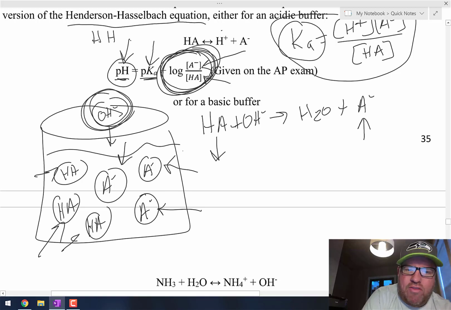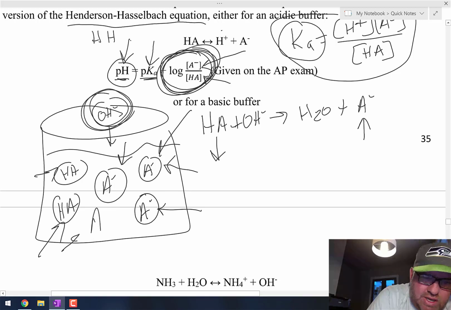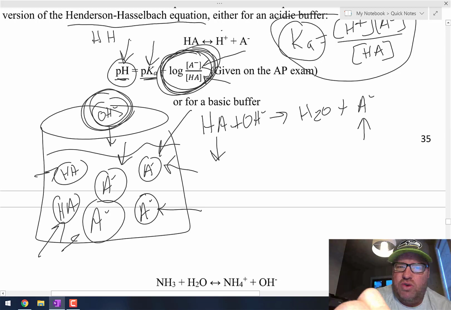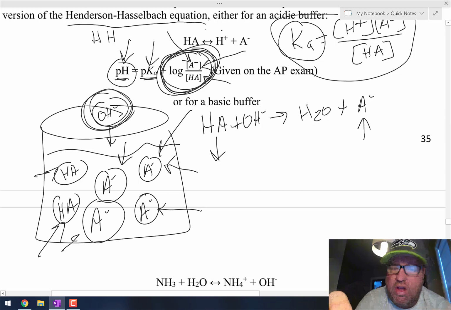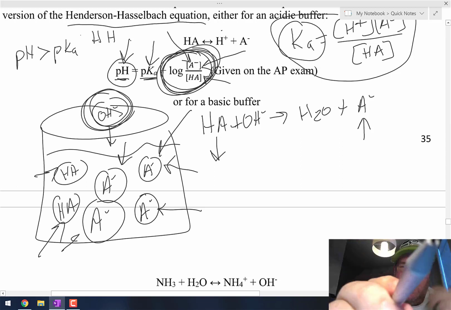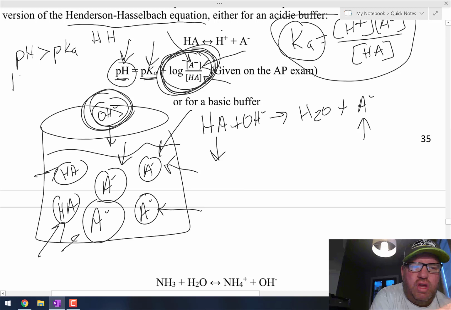Okay, if you now have more conjugate base, if you now have 4 of these and you have 2 HAs left, that means the concentration of A minus is greater than the concentration of HA, and you're past the half equivalence point. So if the pH is greater than the pKa, in terms of a titration, you're past the half equivalence point. Okay? And the opposite is also true.